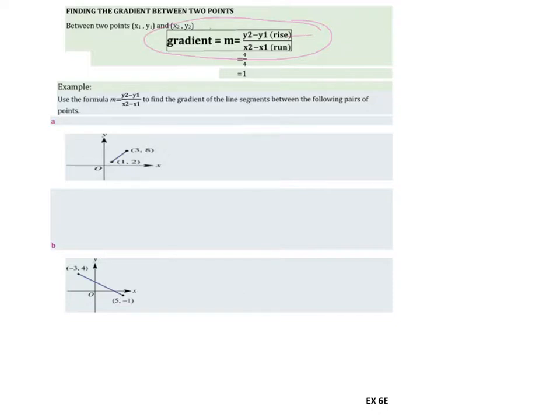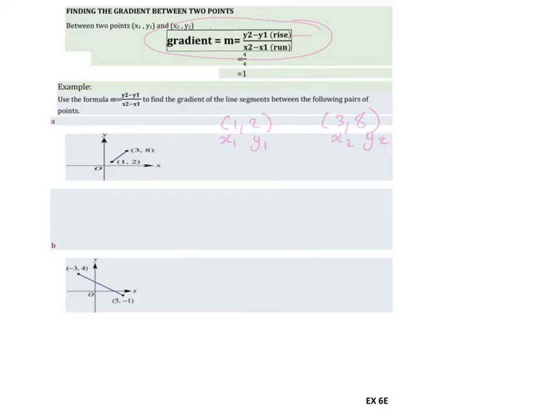So you can see I've got the point (1, 2), and my other point is (3, 8). What I'm going to do is just label my points as x1 and y1, x2 and y2. So remember, the 1s must be together, the 2s must be together. It doesn't matter if I had called the first lot x2 and y2, as long as the 2s are together.